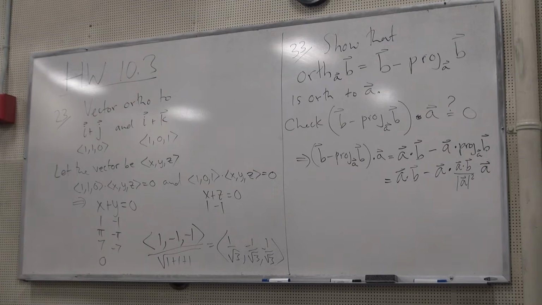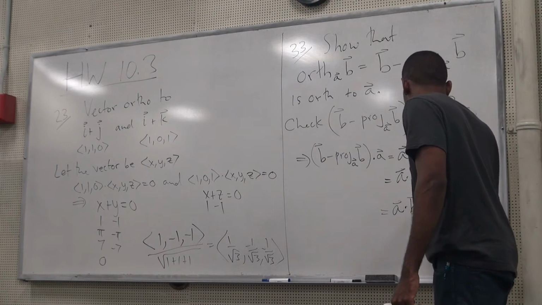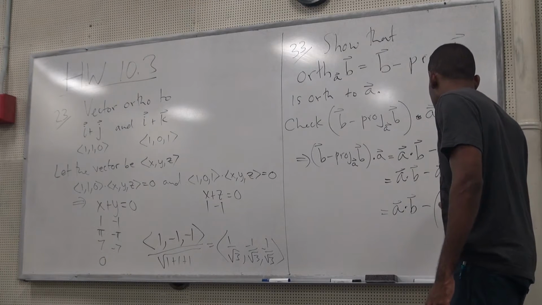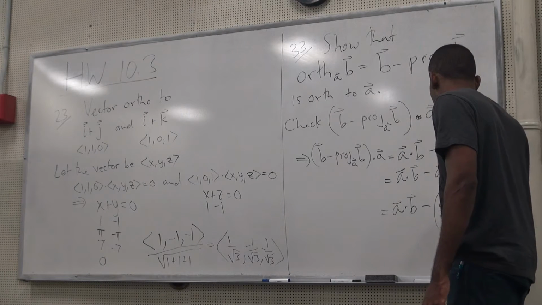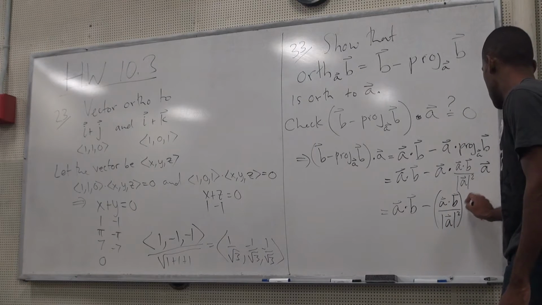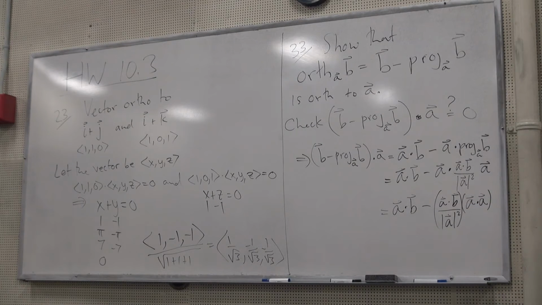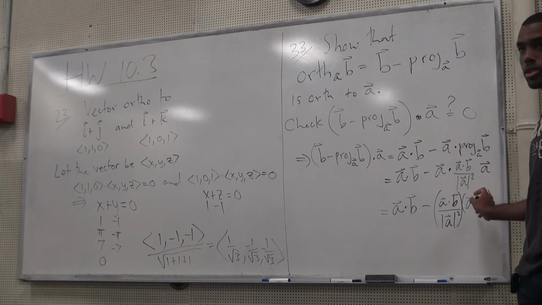There's another rule that says this guy is a scalar, so we can factor scalars out. Remember that? So we could put this guy in front, A dot B over this guy squared, and this is just A dot A, which is equal to the magnitude of A squared, by another property.